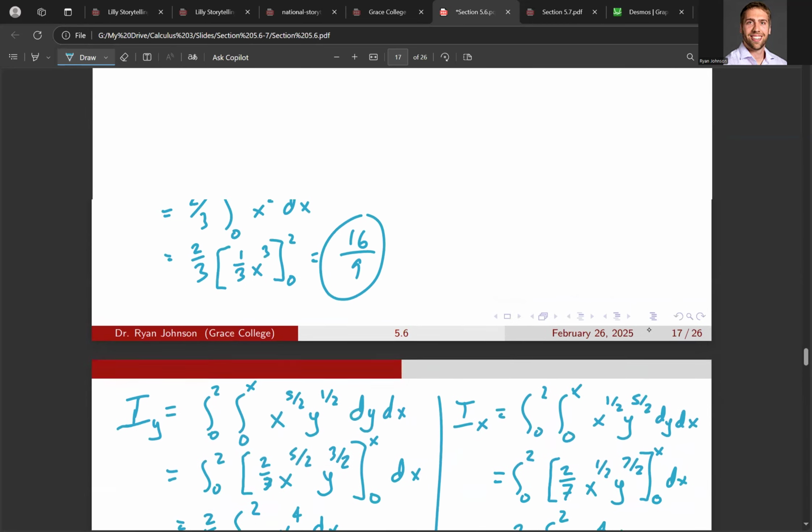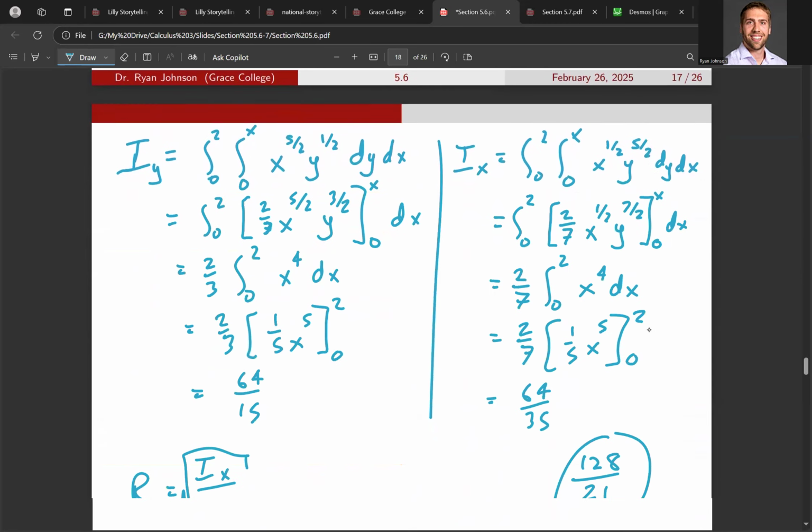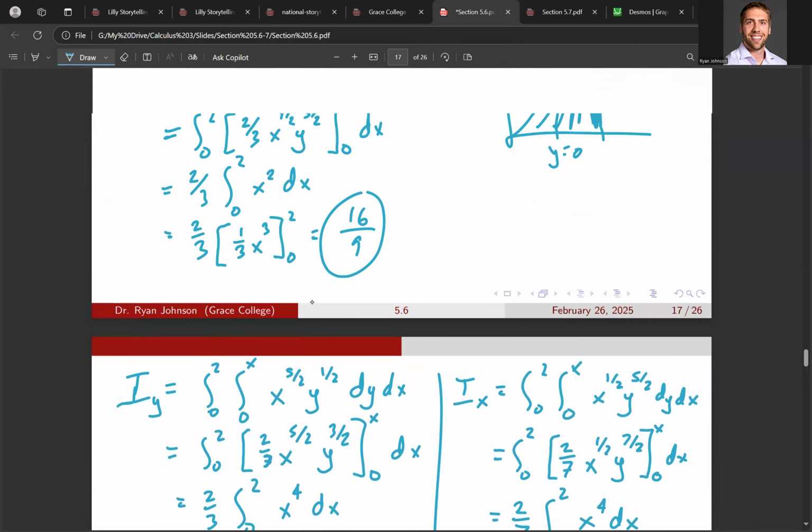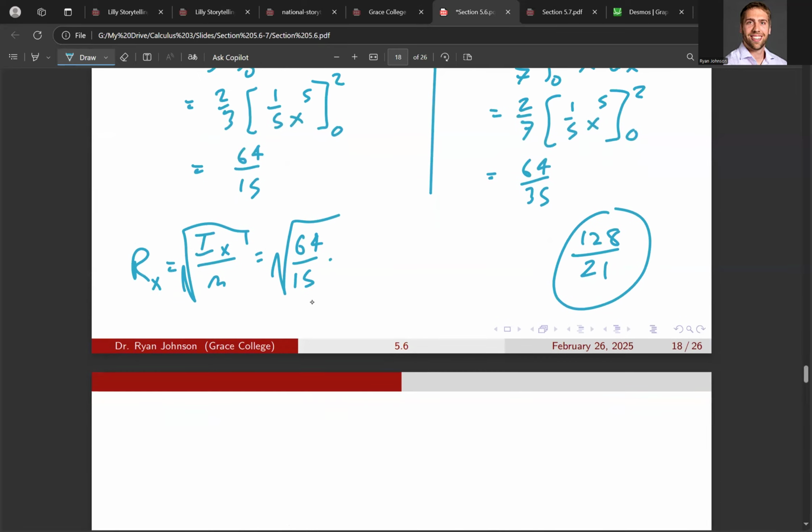My m was 16 over 9. So this is the square root of 64 over 15 divided by 16 over 9, which is multiplied by 9 over 16. And so there you go. That's just square roots of fractions, right? So we're good to go from there.